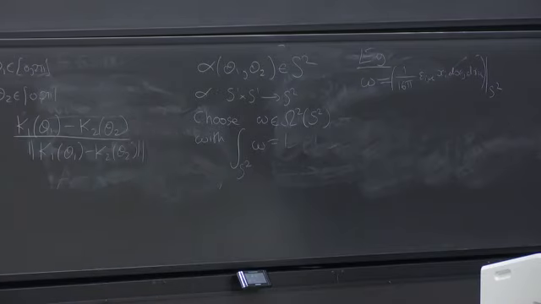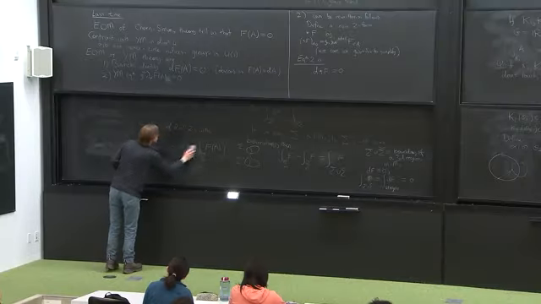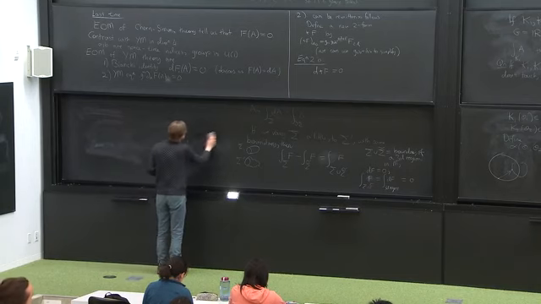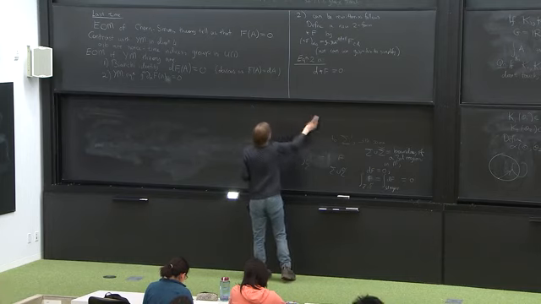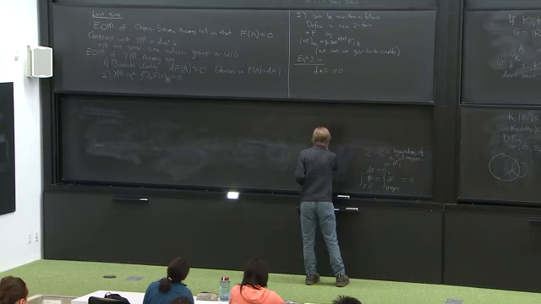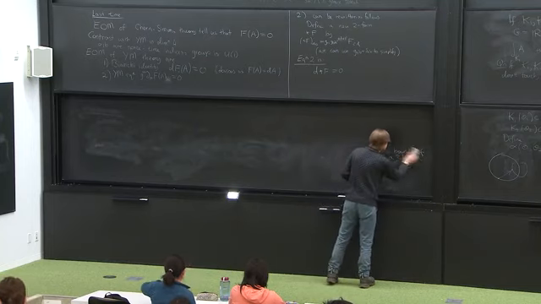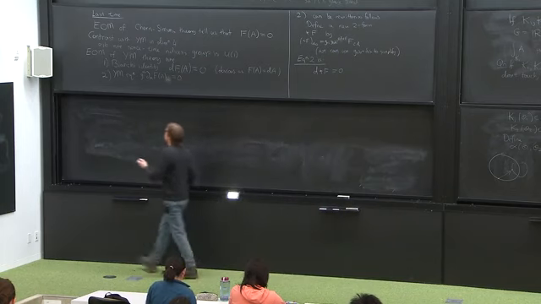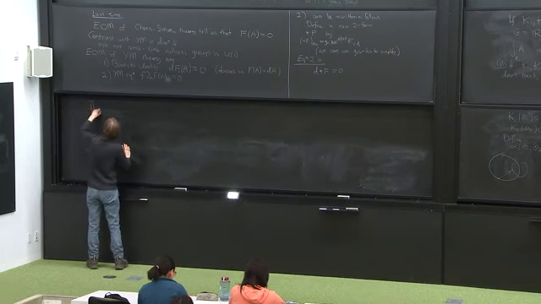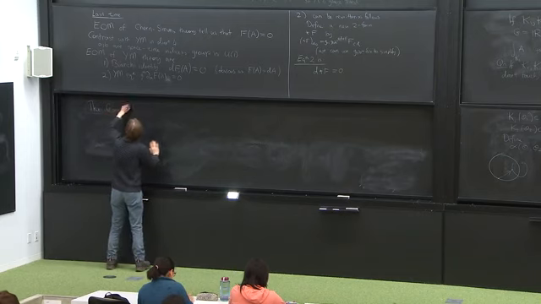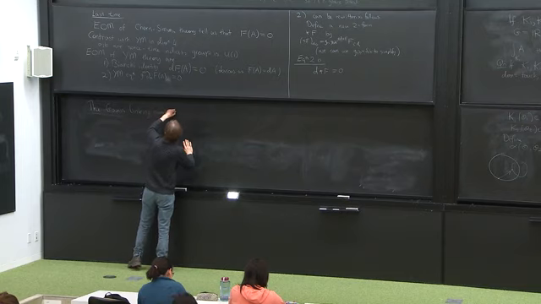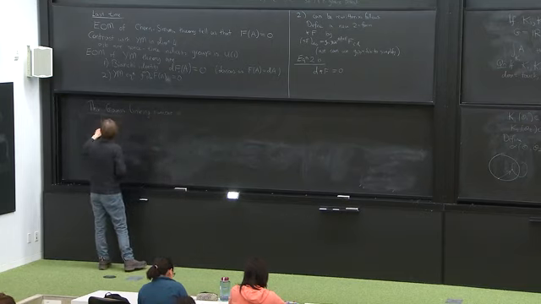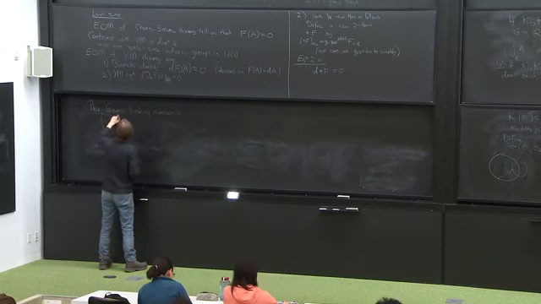And then the linking number is simply the integral over S1 times S1 of the pullback of omega, alpha star of omega.